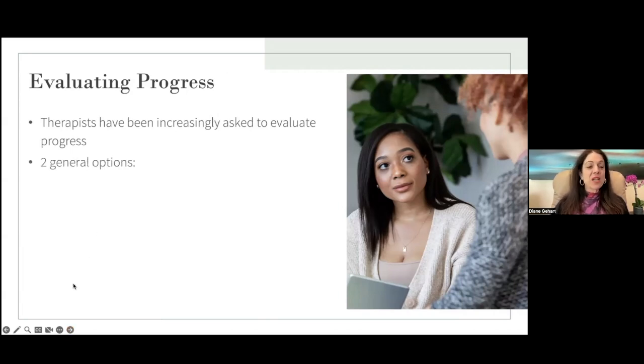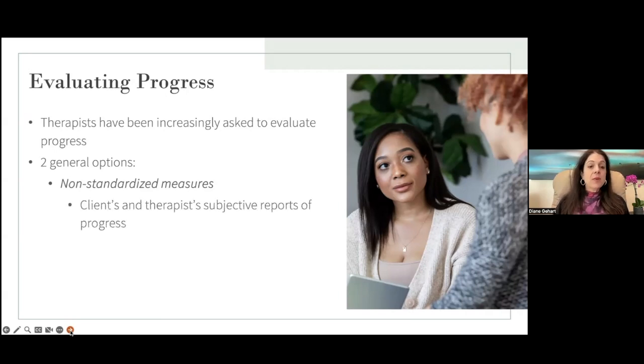So we have 2 general options. One is non-standardized measures, and to say that those don't exist is not right. We still have non-standardized measures that we'll talk briefly about. Because these are more subjective, these are the client's and therapist's subjective reports of progress. These are a data point, and they're important.